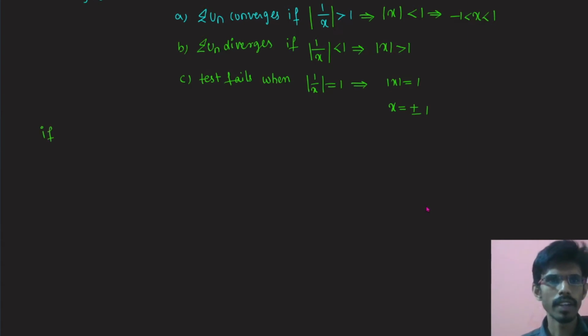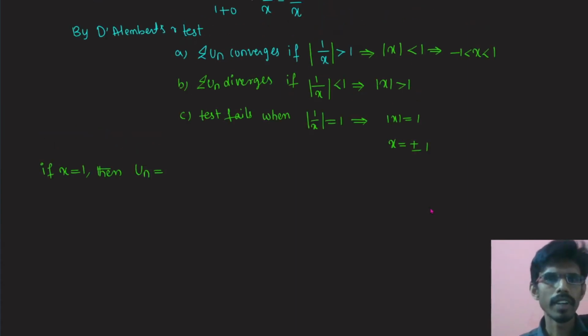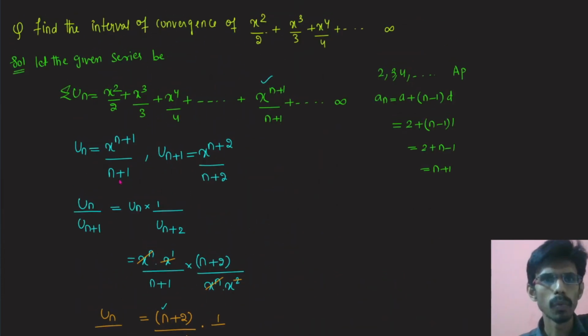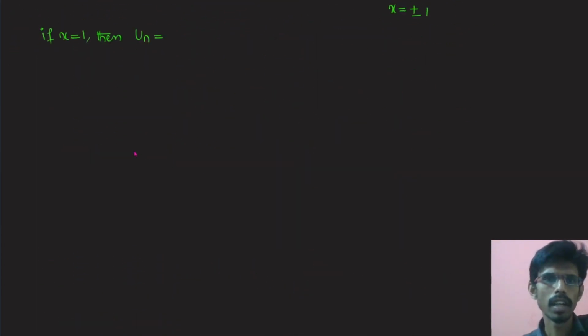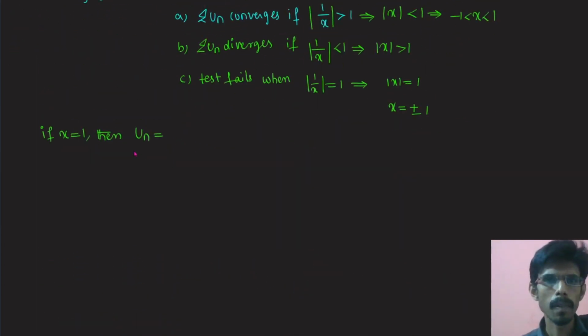If x value is plus 1, then what will become of un? If x is 1, then this un will become 1 power of n plus 1, which is 1 by n plus 1.